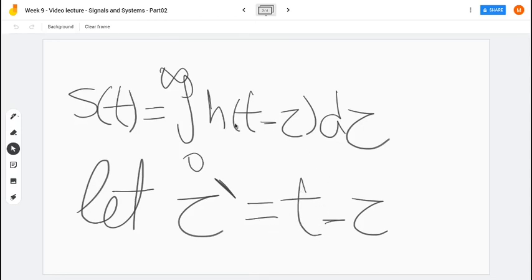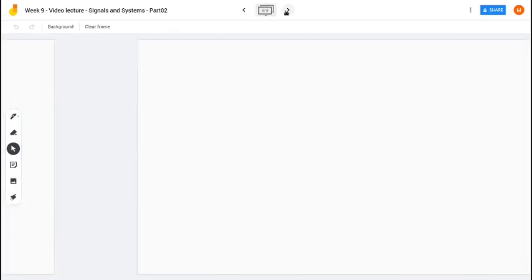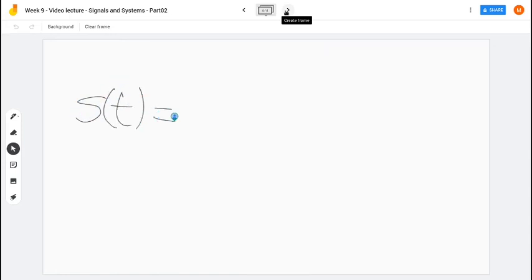Now s of t will take the following form: the integration of h of tau prime.